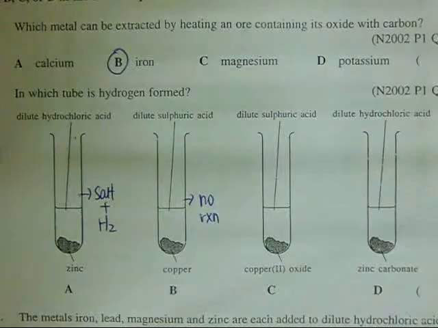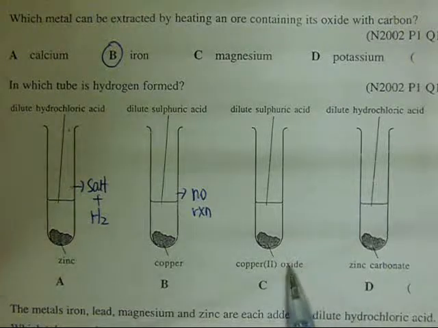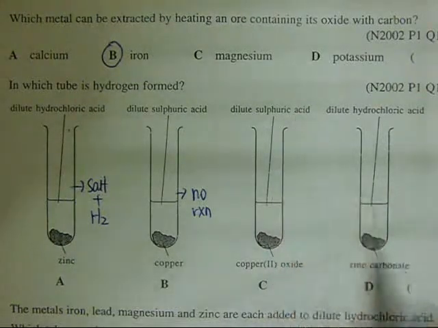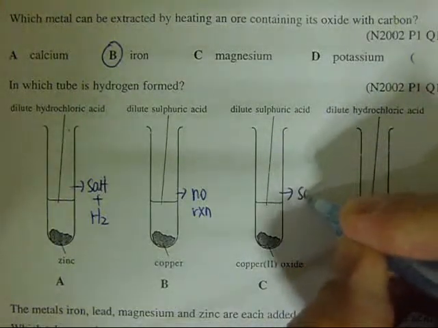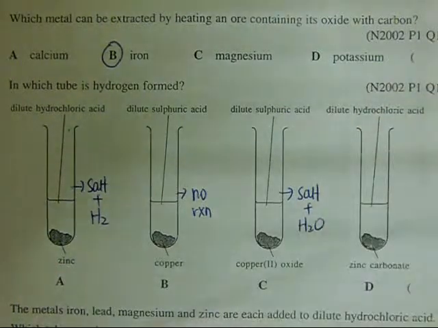No reaction. How about this? Copper(II) oxide and dilute sulfuric acid. Copper(II) oxide, if you recall, is a base. So a base and an acid, you get a salt and water. This is from the acids and bases chapter. Base and acid, you get salt and water.